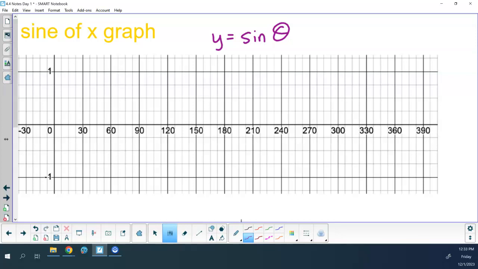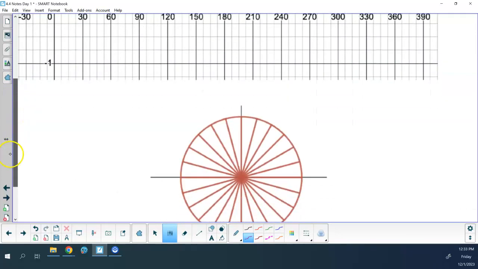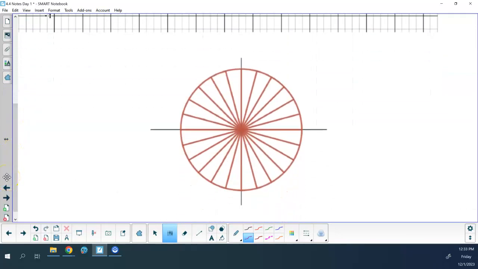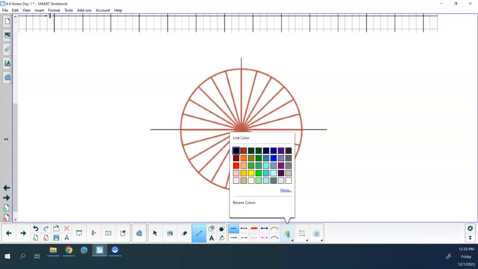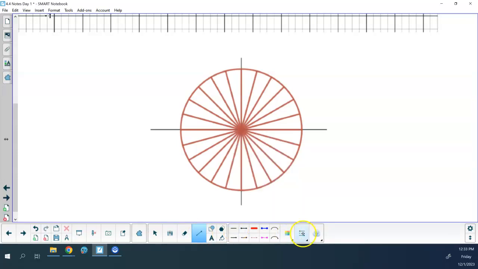There's a sine and a cosine side of your graph. So if we're on the sine side of our graph, what you are going to do is take your piece of spaghetti, and I'll go with green here. I want to make it a little bit bigger so you can see it.